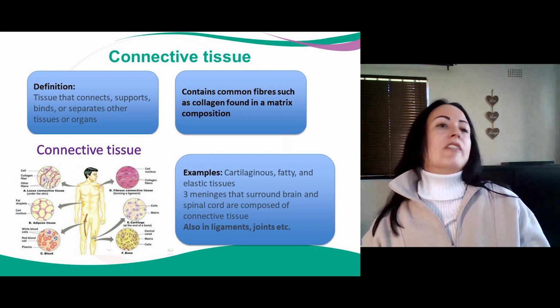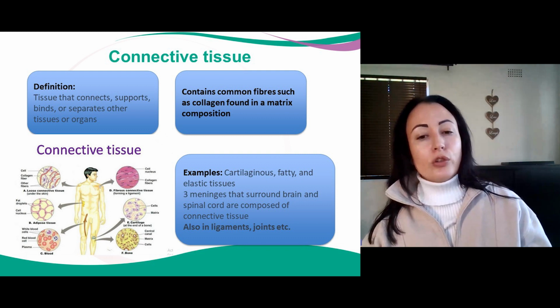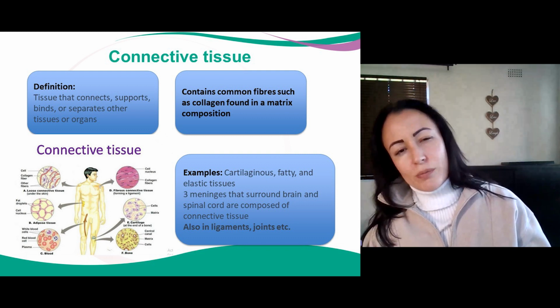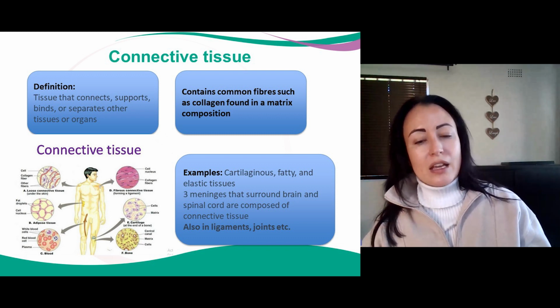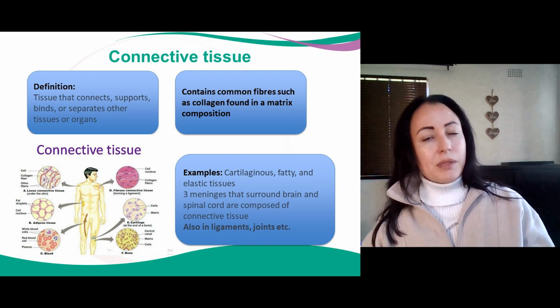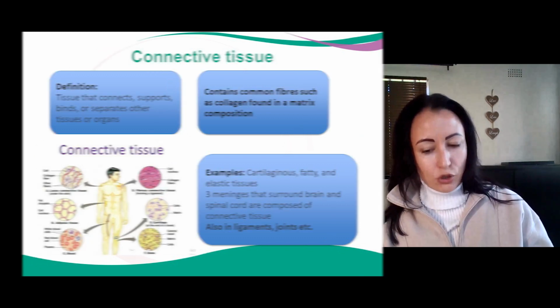A lot of it you can find under the layers of your skin. Another example is the three meninges that surround the brain and the spinal cord. All three of these meninges are made up of a certain type of connective tissue.